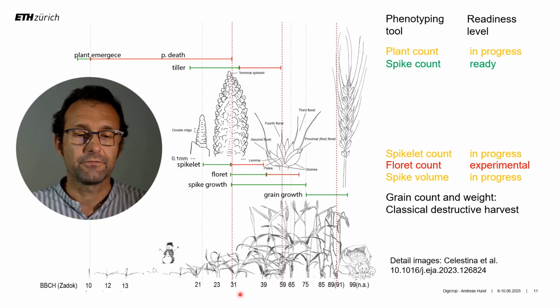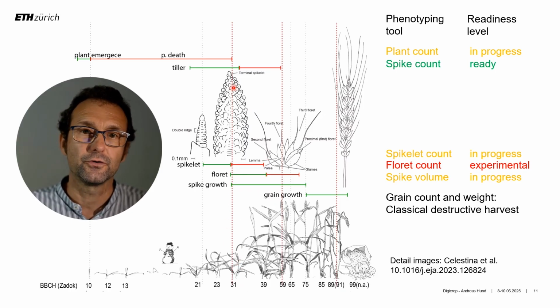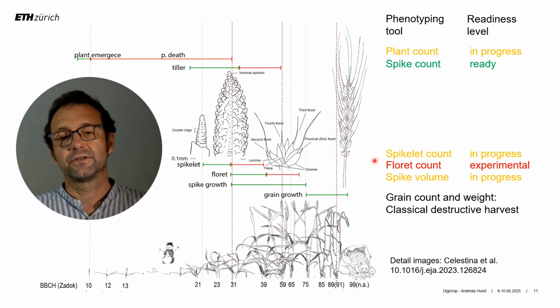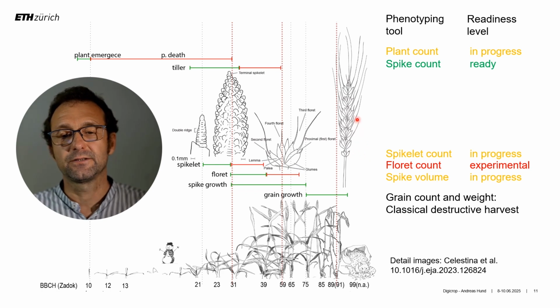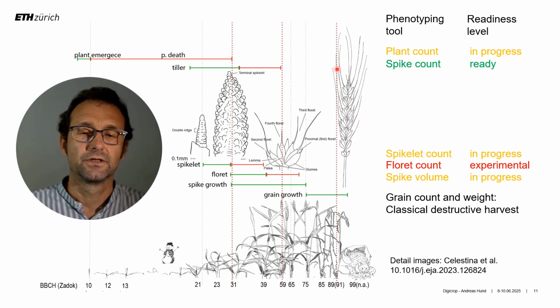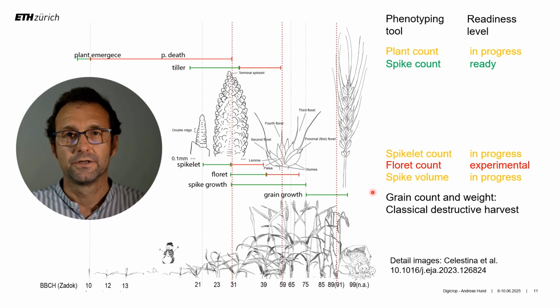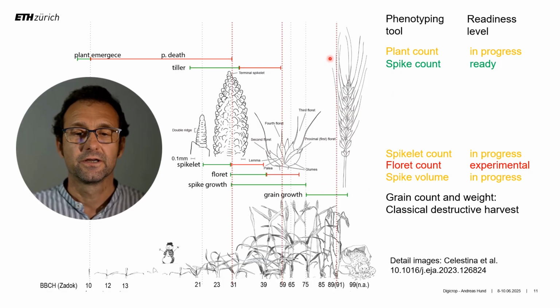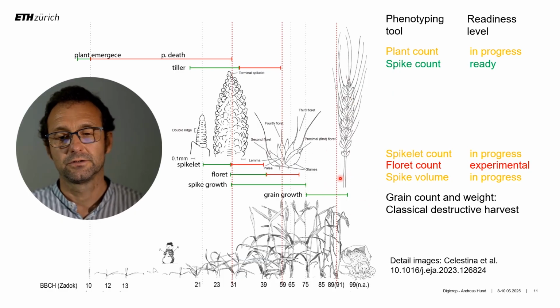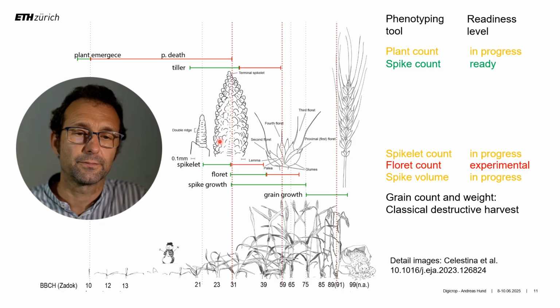That means everything which is happening until that 31 stage is determining how many of these side branches called spikelets you have in the crop. So it's very important to think about that. That means if we are able to count them here, we are able to know what happens until there.